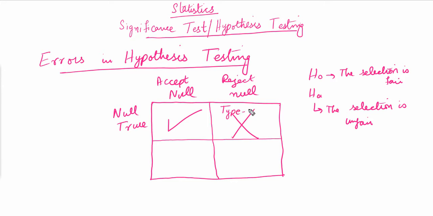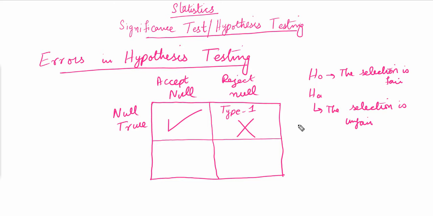The actual value was true, but according to the significance level that we have set, our percentage is less than 5%. So due to that we had to reject our null hypothesis. So in that case we have made a wrong decision.